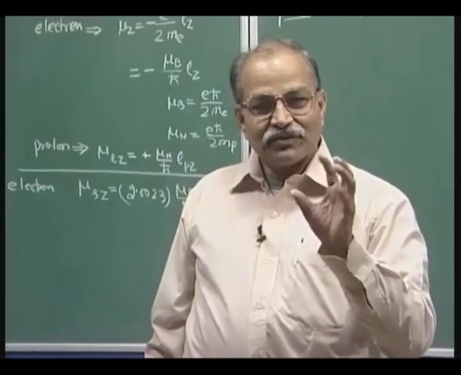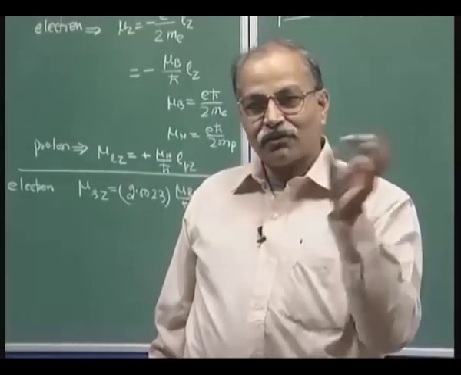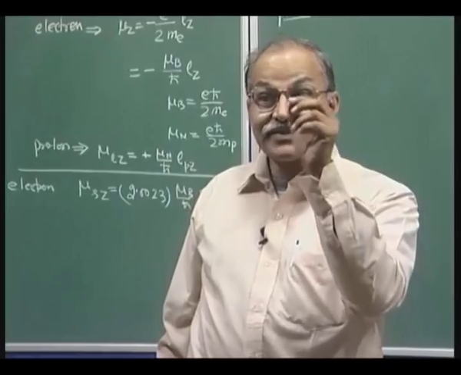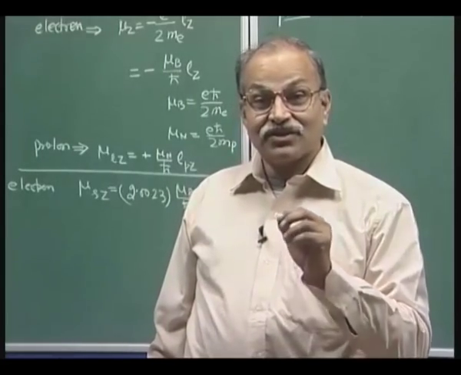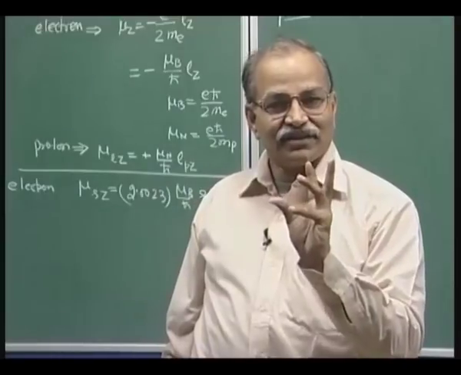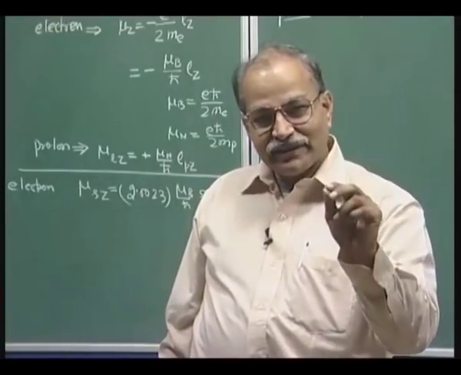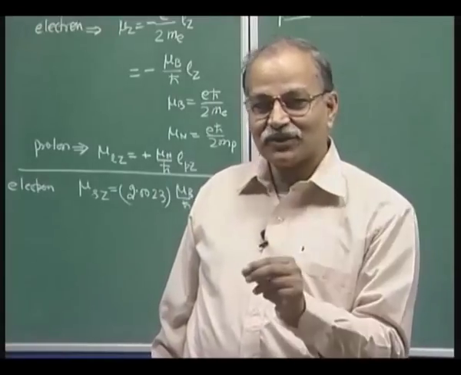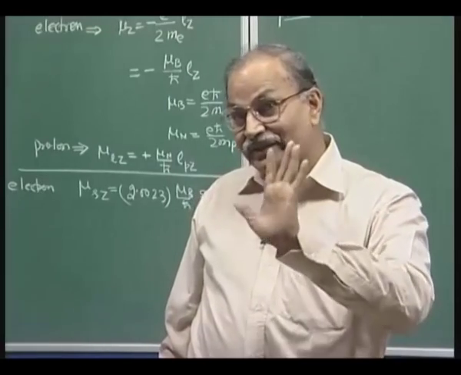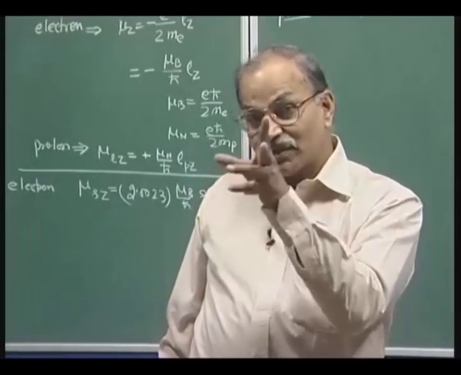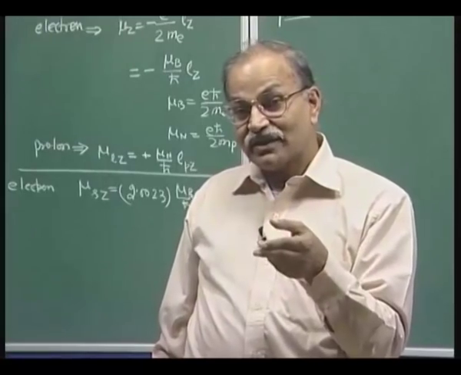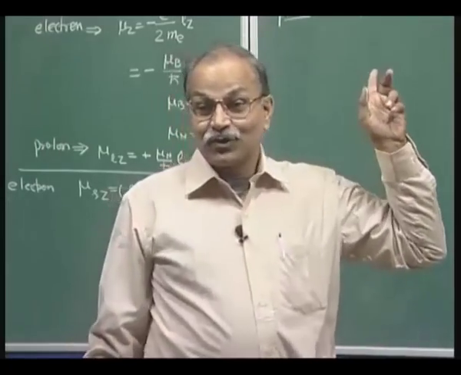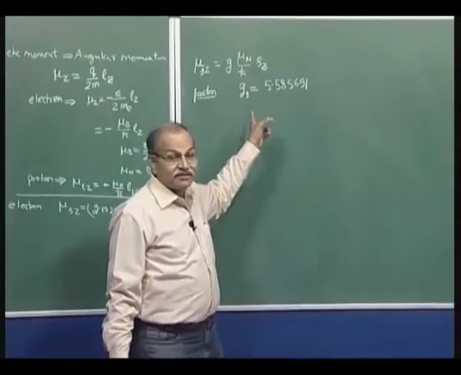So in the proton you have all these quarks and the gluons which keep them bound. So it has a structure inside. The charge is not just one single charge like the electron, the charge is distributed: 2 by 3 e here, 2 by 3 e here and minus 1 by 3 e here. These charges are there inside and they have their own distribution, and the magnetic moment is governed by all that distribution. So that is why it is so different from the electron G factor.